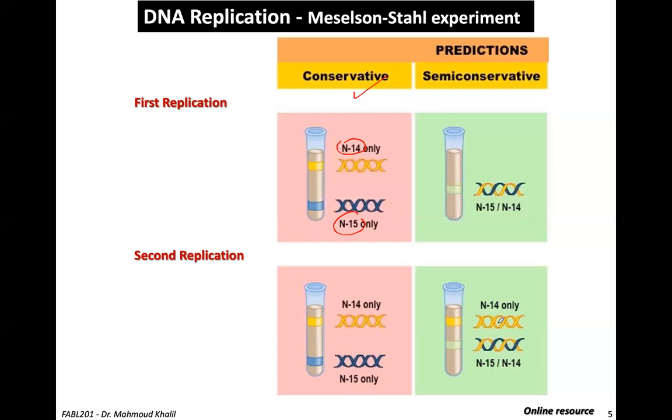Again, as we saw in the last slide, you will have light and heavy-light, but in the conservative case you will have light and heavy. You can differentiate between these by the region where the DNA migrates.